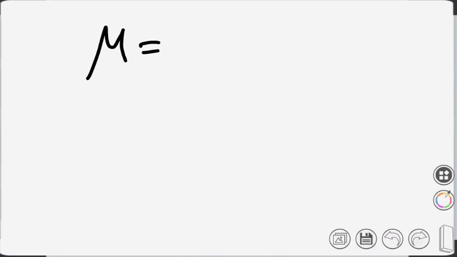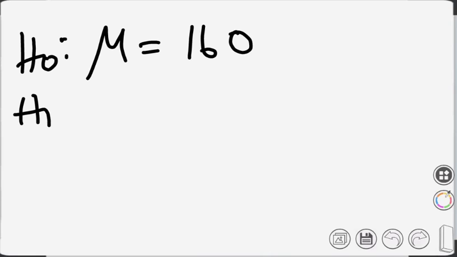the null hypothesis with a particular value of mean, say check whether the population mean is greater than 160. In that case, we will write the null hypothesis as mu equals 160, and the alternate hypothesis as mu greater than 160.